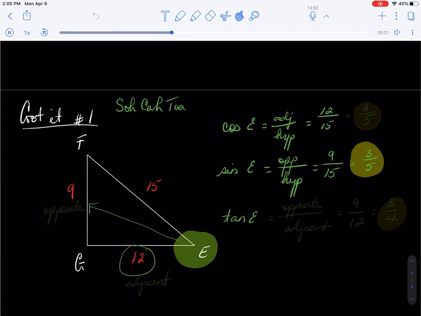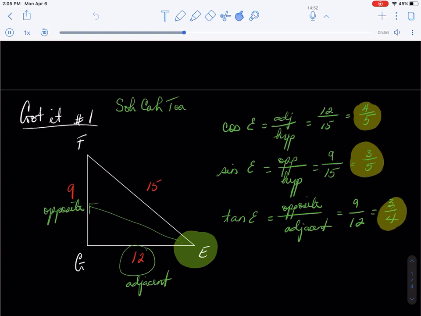It is divisible by 3, so it's going to be 4 over 5. As far as tangent, it's going to be opposite over the adjacent. This is the adjacent, this is the opposite, so it's going to be 9 over 12. It is divisible by 3 again, so it's 3/4.